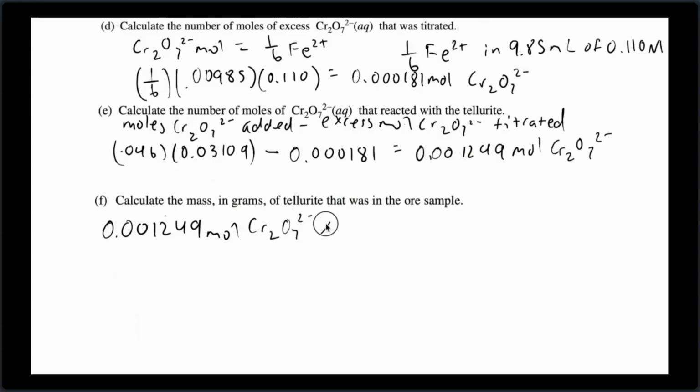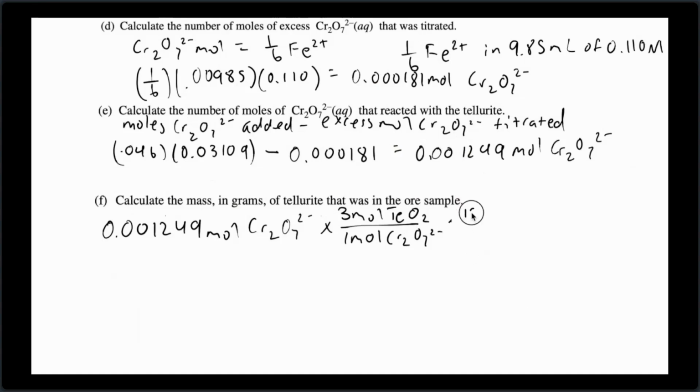And all we have to do is multiply that by, since we have 1 mole of Cr2O7 2-, we're trying to convert it to Tellurite, and from part A, when we did the balanced equation, we learned that it was 3 moles of Tellurite, so 3 moles of TeO2.